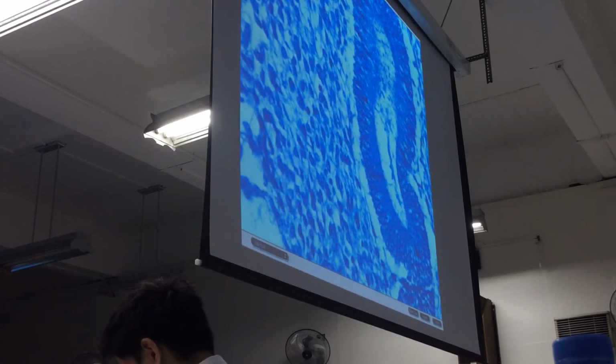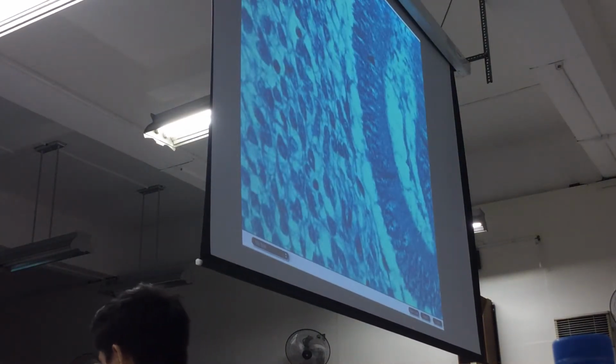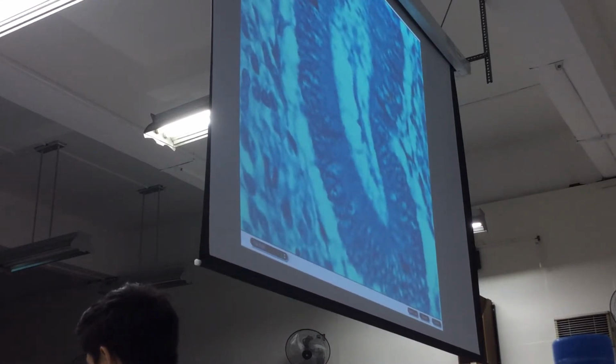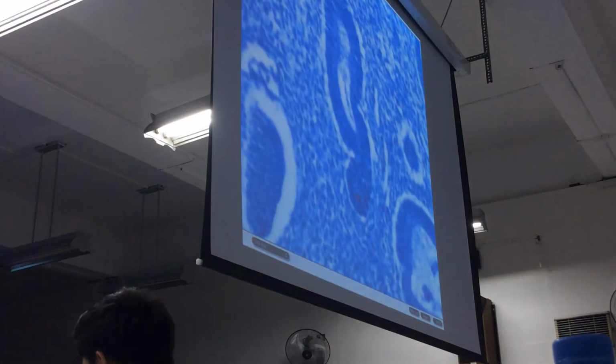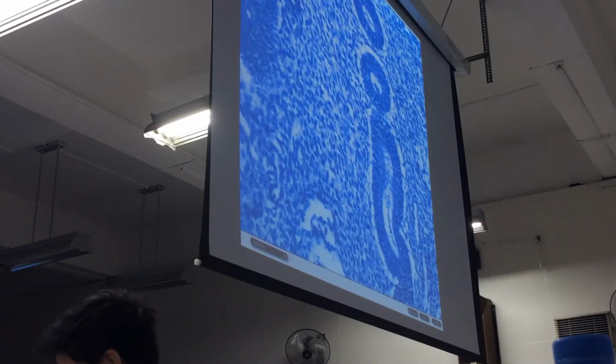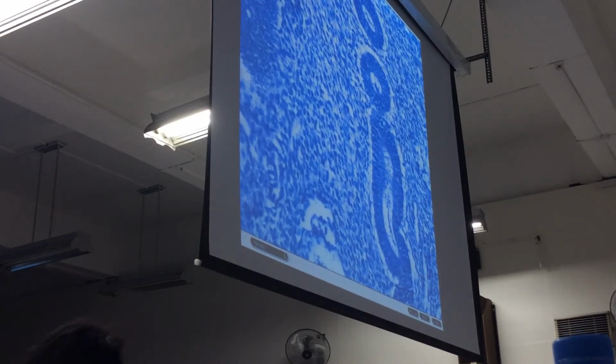The stroma is unremarkable with no pink cytoplasm, none. It's as if you don't have any cytoplasm at all in the endometrial stromal cells. So this is still proliferative endometrium.